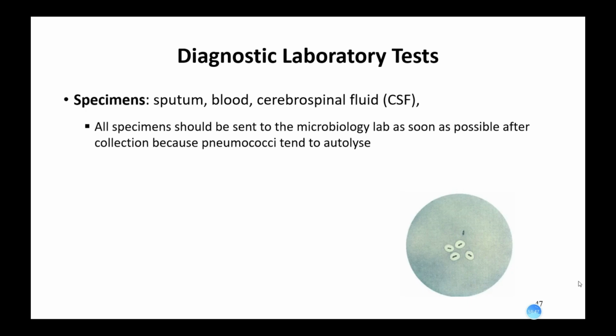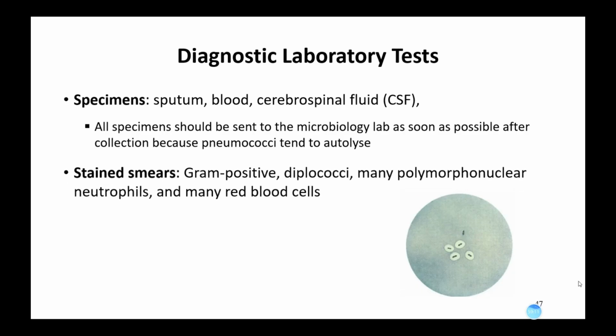For laboratory test, the specimens we can use are sputum, blood, CSF, and keep in mind that all these specimens should be sent to the lab immediately, because they all undergo autolysis. If it's delayed, you won't be able to find the live bacterial cell. And in the stained smear, you will see the typical gram-positive diplococci.